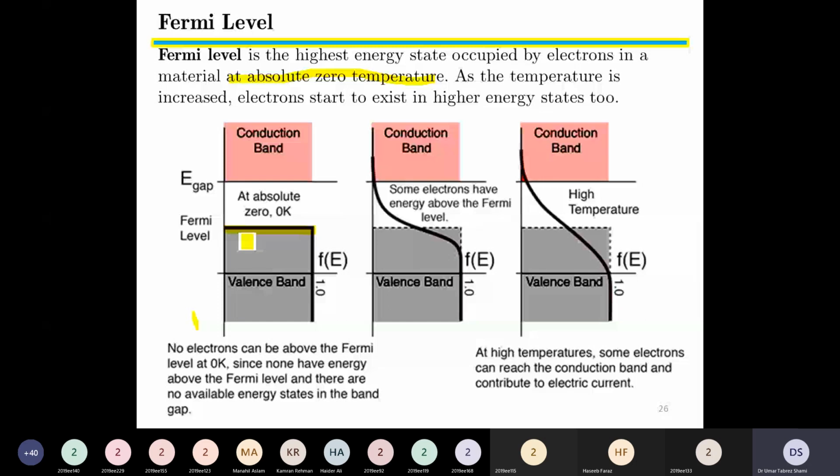So in the third diagram, we see that at high temperatures, the electrons can reside in a large density in the conduction band and contribute to electrical current flow. This was the physical definition of Fermi level.